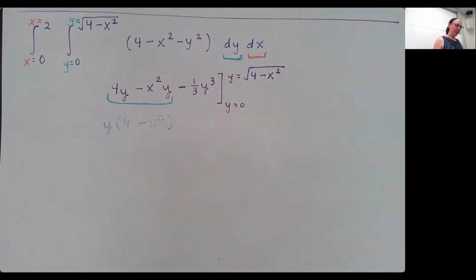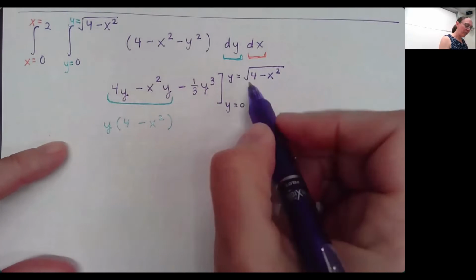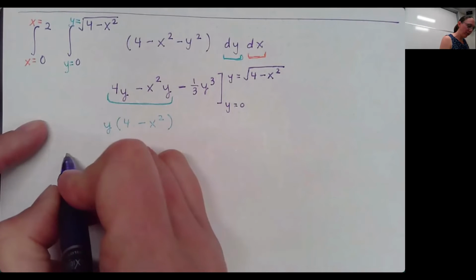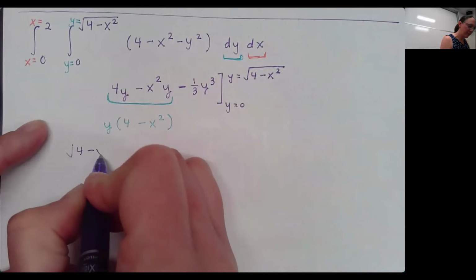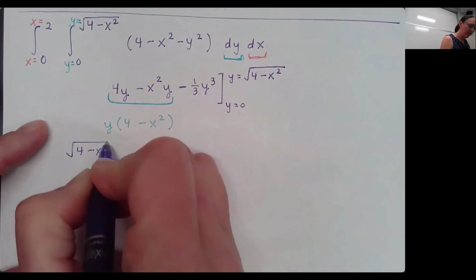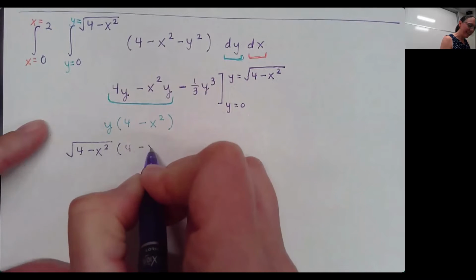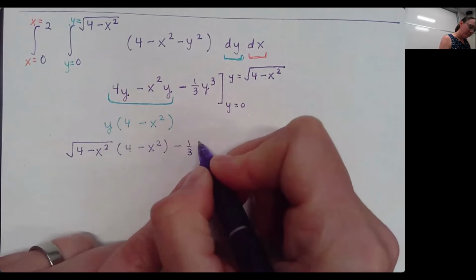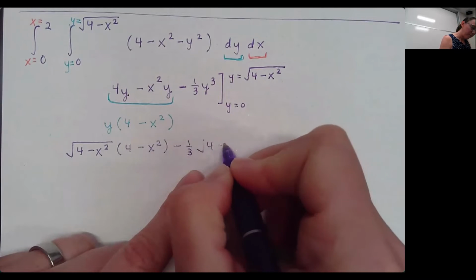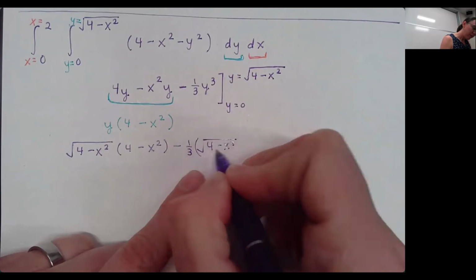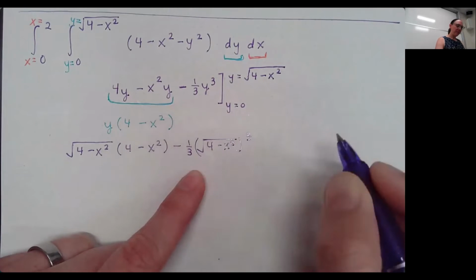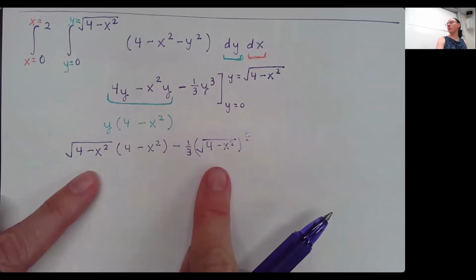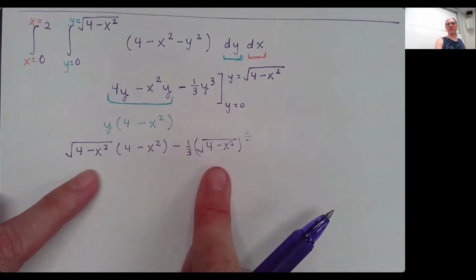And the reason I'm going to do that is then when I plug in my y value of the square root of 4 minus x squared, times another 4 minus x squared, I can change both of these to be 4 minus x squared raised to a power, which I think is going to be helpful.